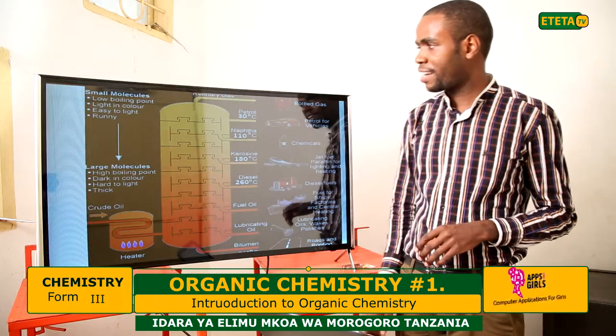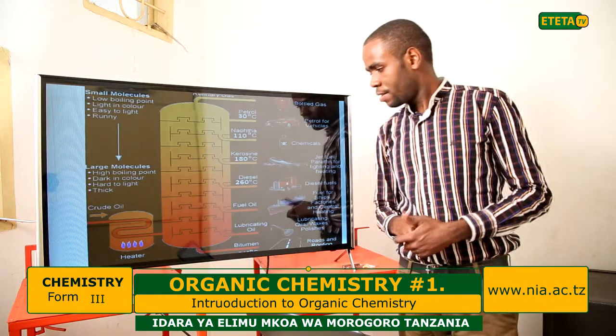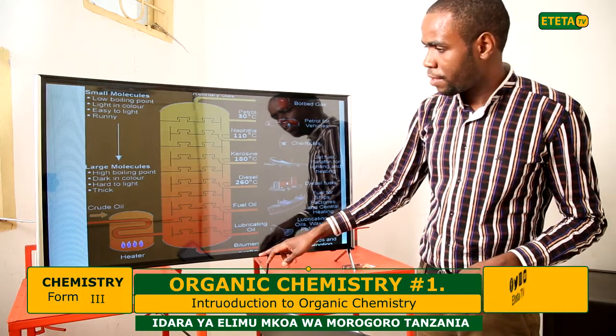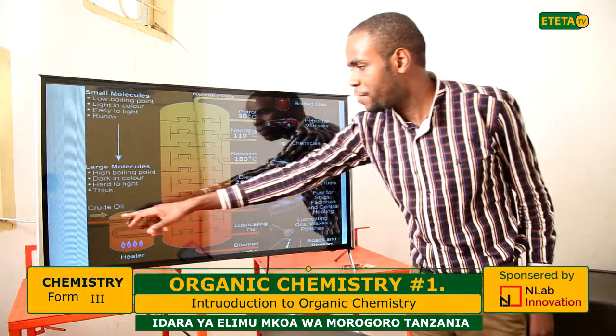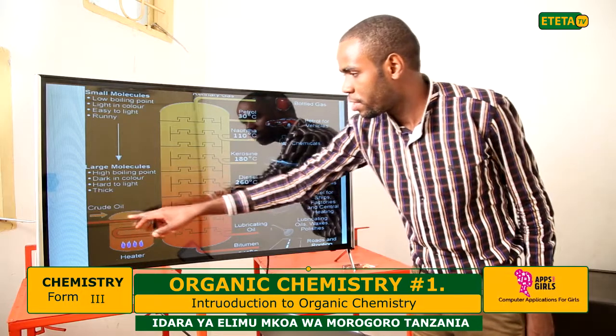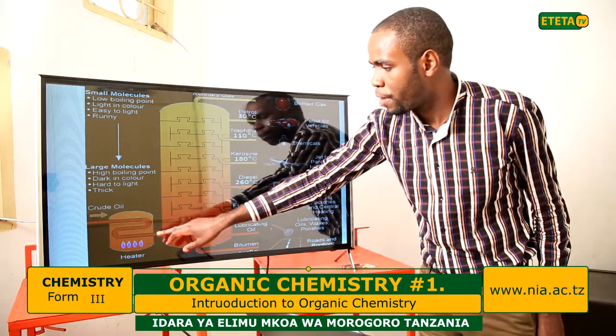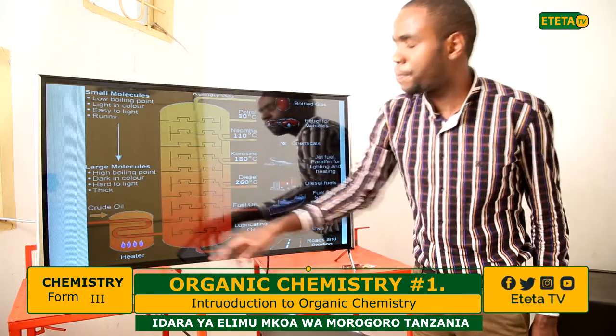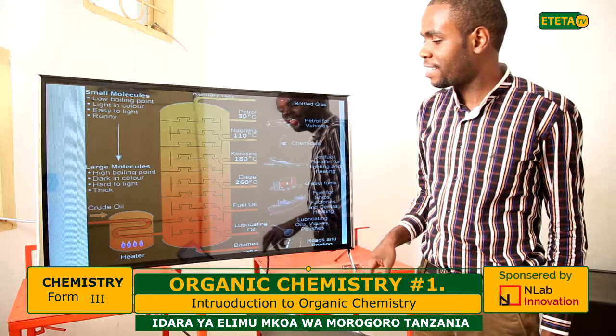Now consider this diagram here. This is bitumen. First of all, the crude oil is fed through this pipe, where there is a heater. The heater heats the crude oil to a temperature of 400 degrees centigrade.